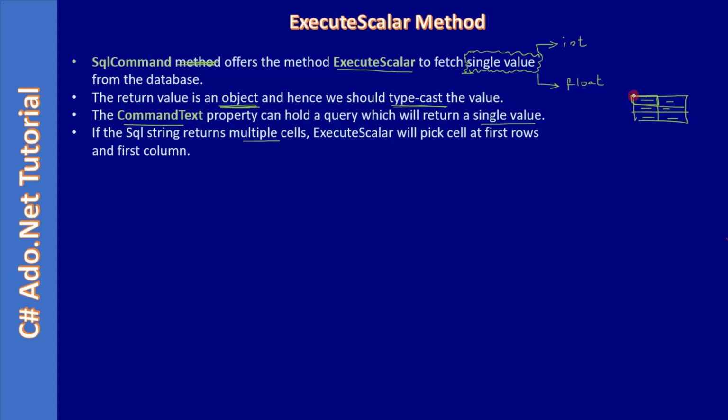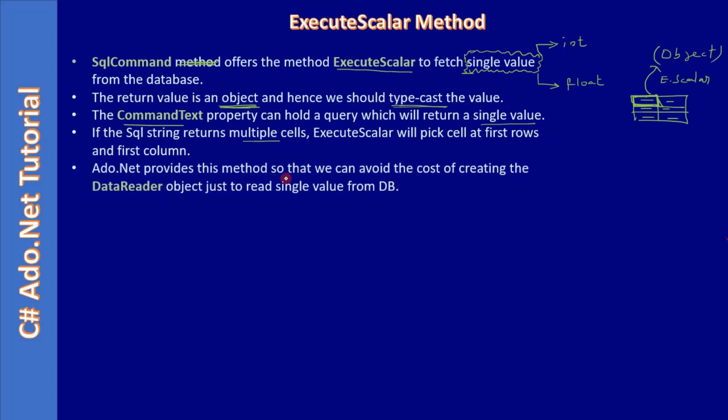That means it will pick this specific value, because what you are executing is ExecuteScalar, right? So it will pick a single value and represent that as an object. So make sure your query returns a single value, and then execute that query with the ExecuteScalar method of the SqlCommand object.